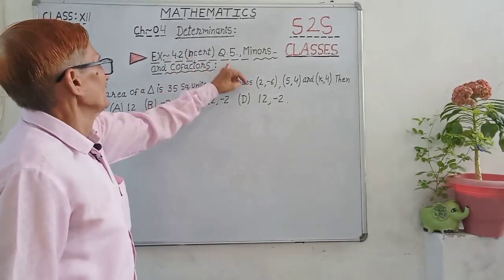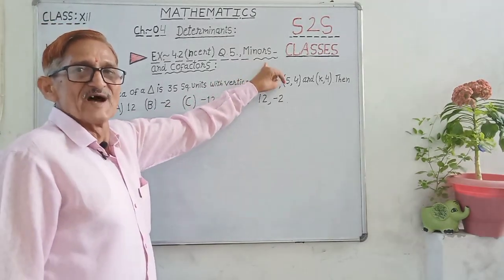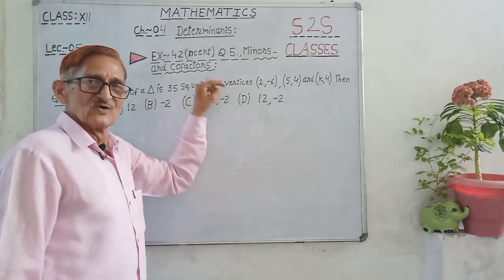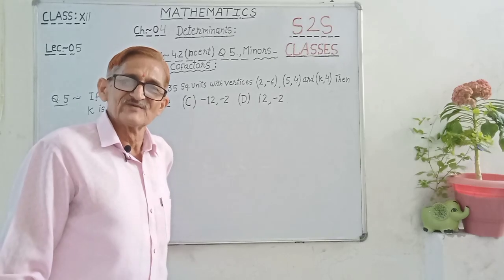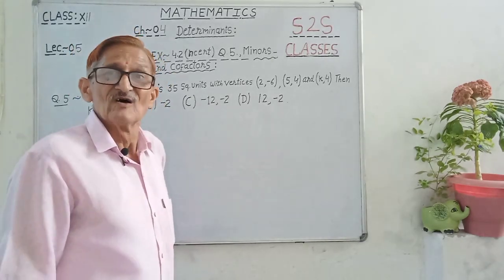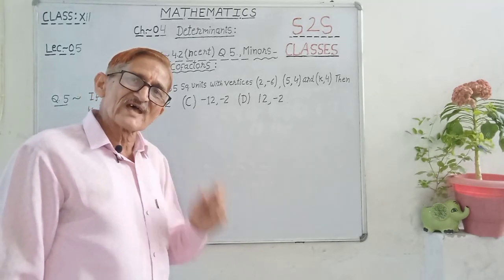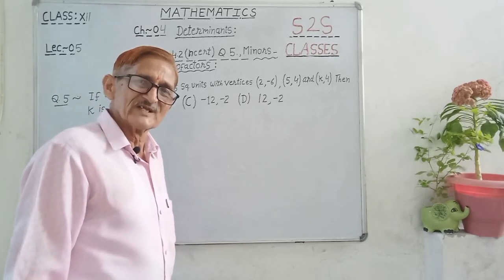After that we have to discuss minors and cofactors of an element. Every element has its cofactor and its minor, in a square matrix, or we can say in a determinant.